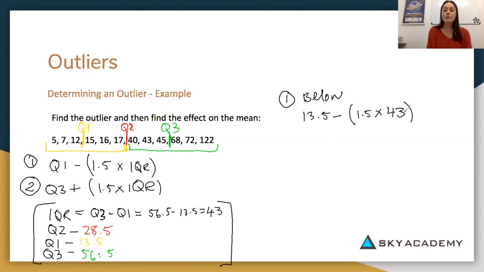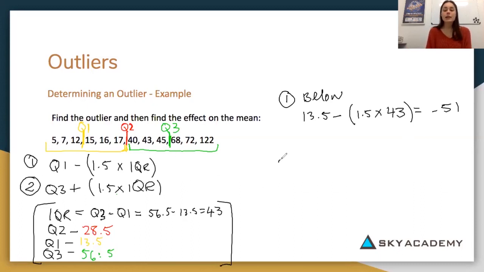When you put that into your calculator, you get a value of negative 51. So anything below negative 51 is considered an outlier. If we have a look at our data set, our lowest data point is 5. And that's not below negative 51. So 5 is not an outlier.